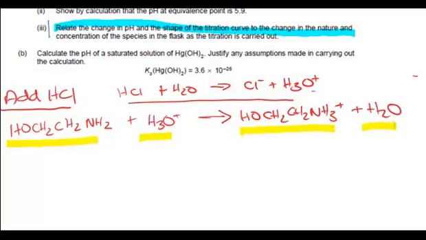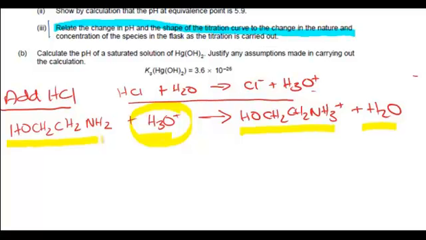Now this is where we describe this as being the buffer region, because as we have the addition of the strong acid, the base is capable of buffering it, so we don't get much in terms of a change of pH. It does change, but not significantly.